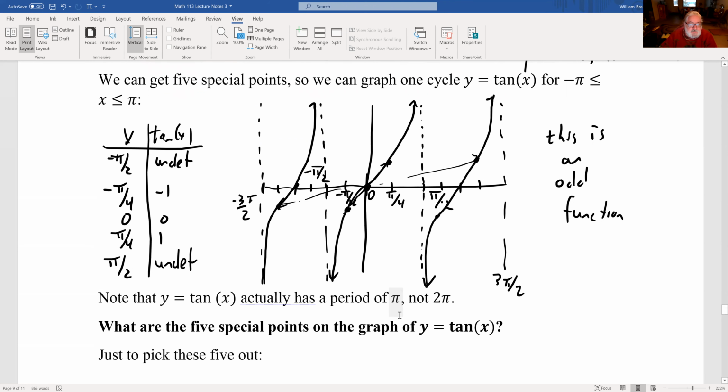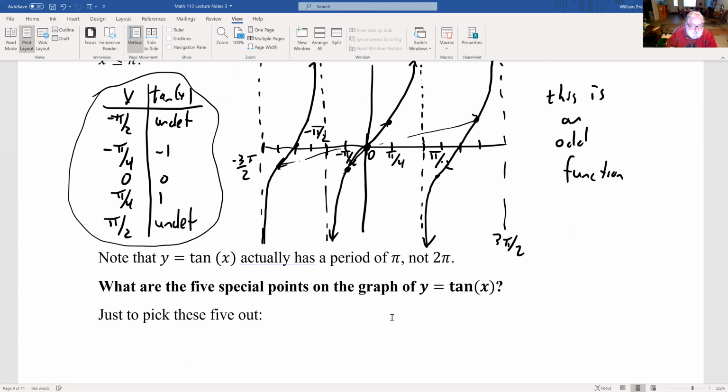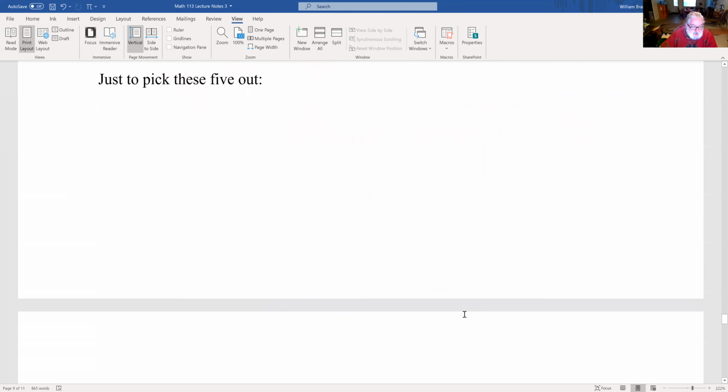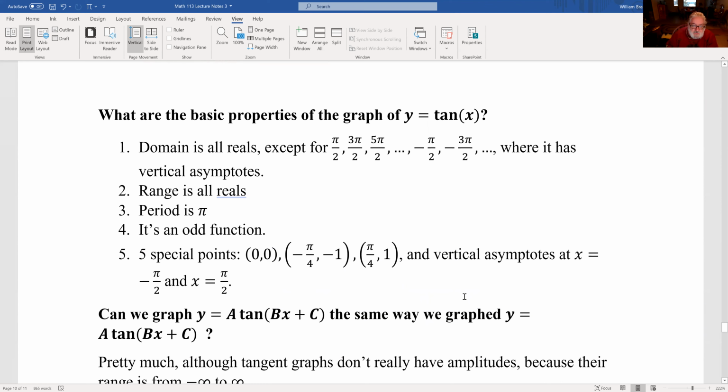So what are the 5 special points? Again, these are 5 special points. 2 of them are asymptotes, so you have to keep track of that. Okay, basic properties of the graph of tangent of x. Domain is all reals except for these asymptotes. The range is all reals. It goes up to positive infinity, down to minus infinity.